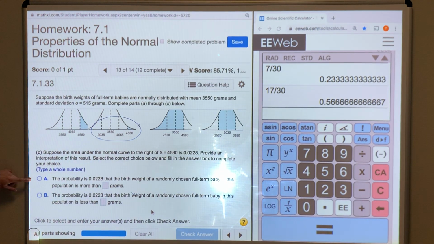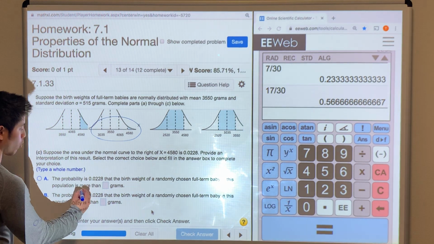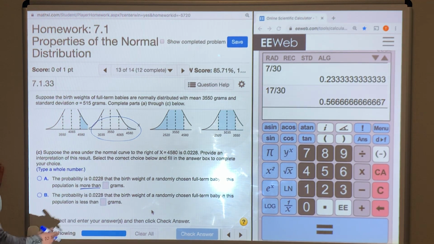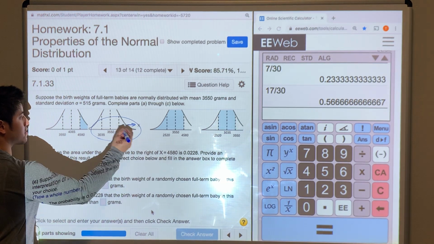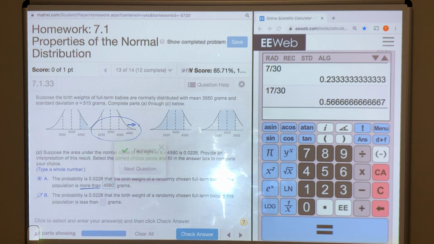The probability is 0.0228 that the birth weight of a randomly chosen full-term baby in this population is more than. That's the right wording this time around. Not less than. More than is this way. Less than is this way. So this is out. And more than 4,580 grams. Okay? There you go.